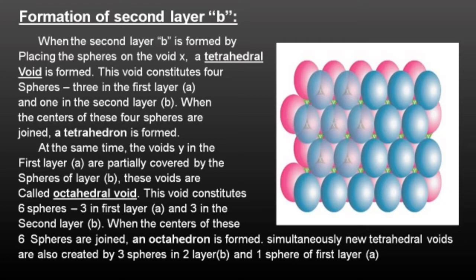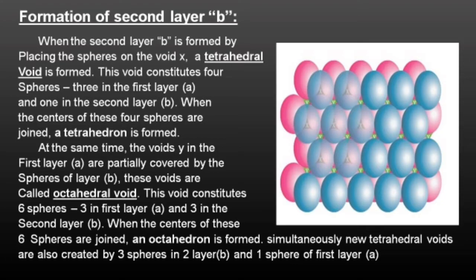Concentrate only on the Y void. See, 3 rose color atoms are joined in the Y void. The same way, in the second layer B, 3 blue color atoms are joined together. When you join the centers of the 6 spheres, we get the octahedron. So it is called an octahedral void.